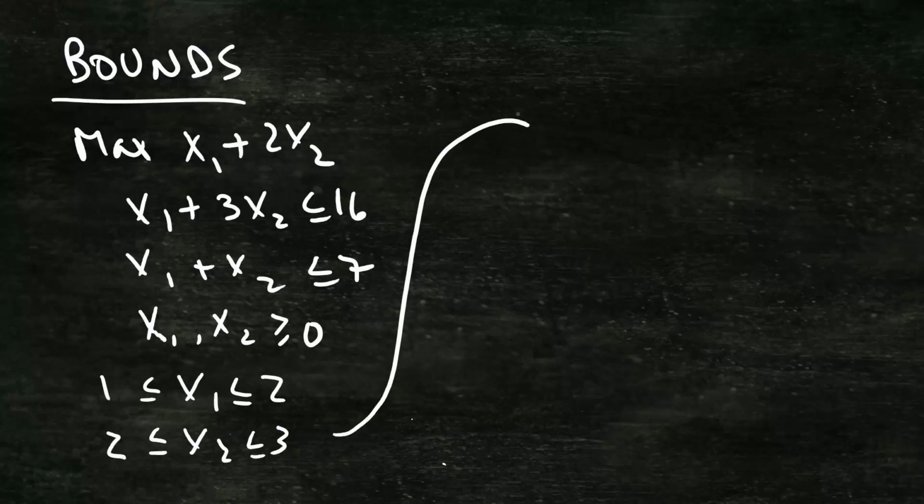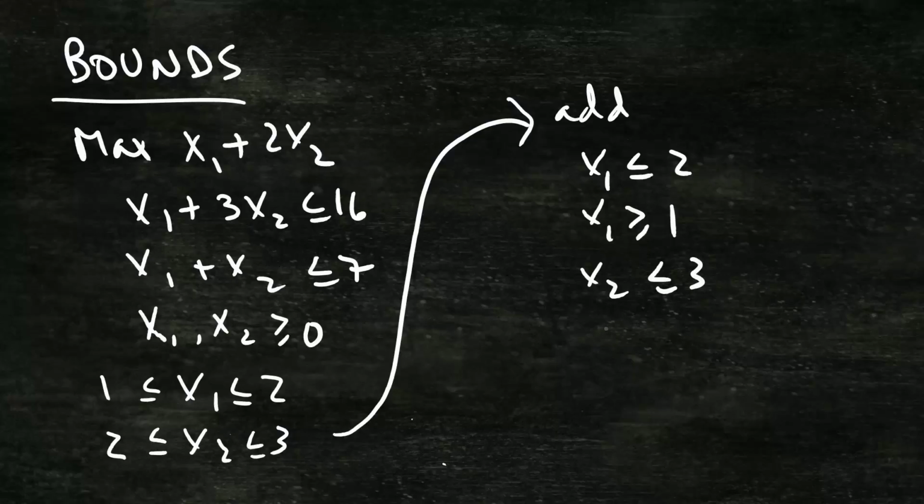Now, without any additional knowledge, what we would do is add x1 less than or equal to 2, and x1 greater or equal to 1, and x2 less than or equal to 3, and x2 greater or equal to 2, and add these constraints to the model.